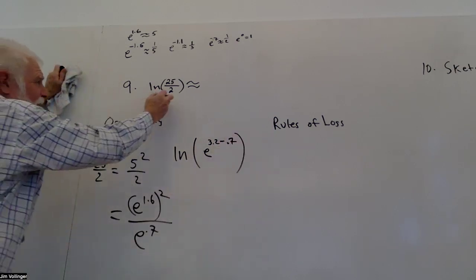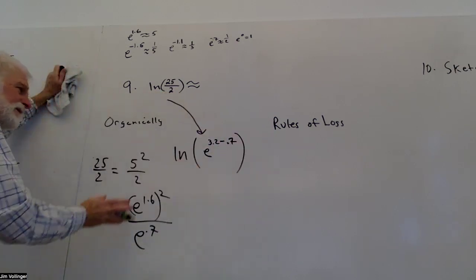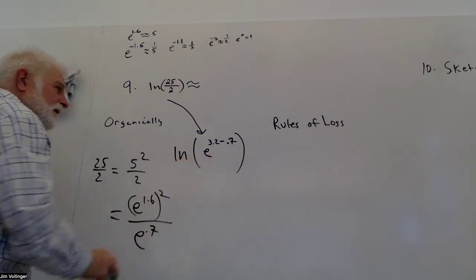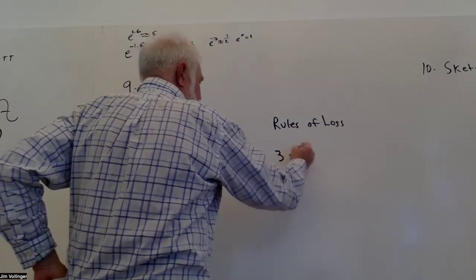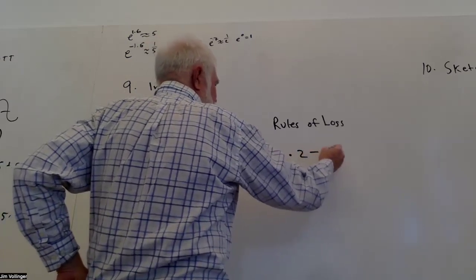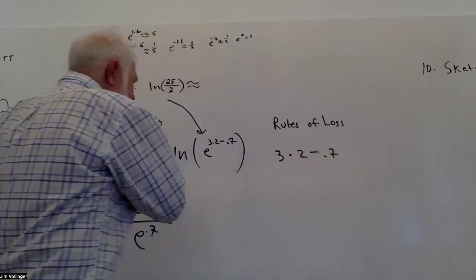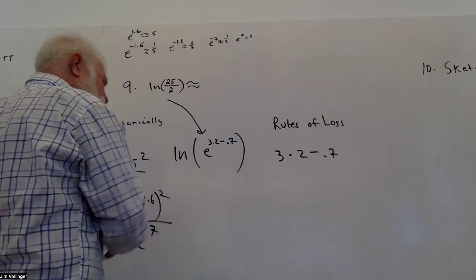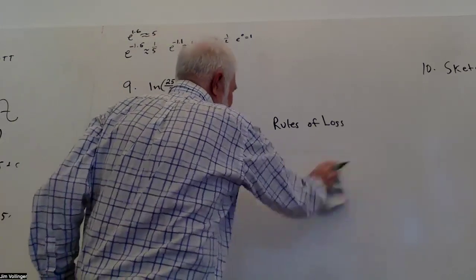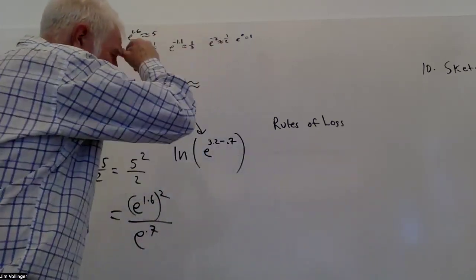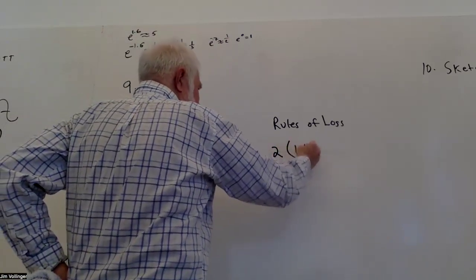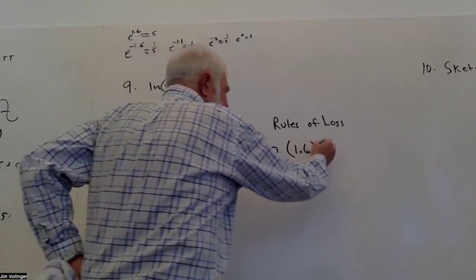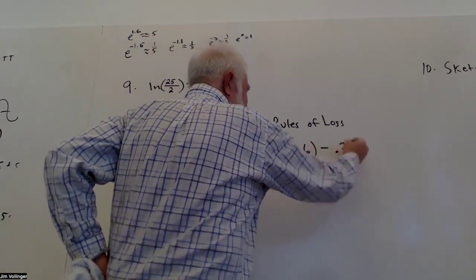Right, now I've converted that into e notation, and this is looking for the exponential activity. And the exponential activity appears to be 3 times 2 minus 0.7. No, that's not 3. Oh, I always get tired. Okay, so this is actually 2 times 1.6 minus 0.7.